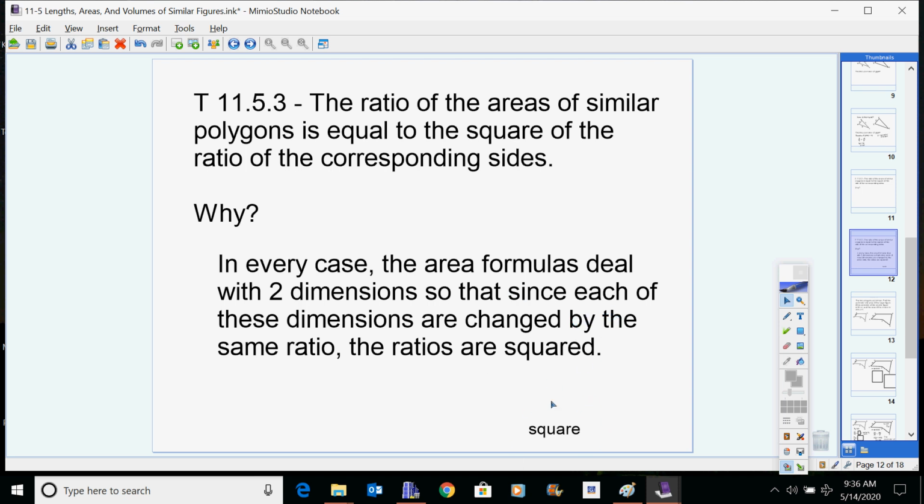Your keyword here, third keyword, is square. So please write down that your third keyword is square. The ratio of the areas of similar polygons is equal to the square of the ratio of the corresponding sides. Keyword number 3, like I said, is square.